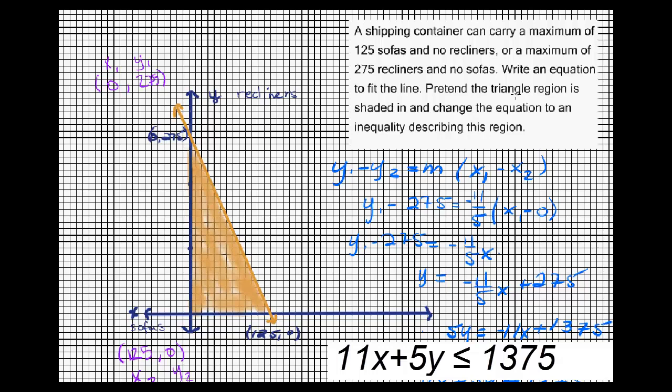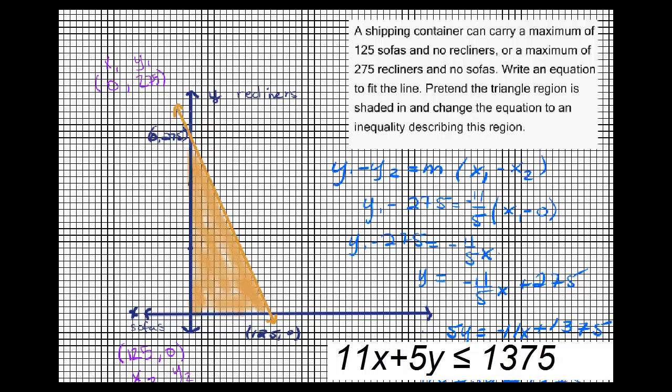Where does that fall on our graph? This is called a test point. It's used to make sure the shading will fall on the correct side of the line. To determine the actual solution, the ordered pair must be substituted into the inequality. If a true statement is made, then the combination of sofas and recliners will work and they will fit in this shipping container. Let's go ahead and do that.